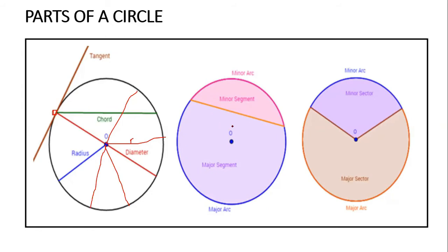The area bound by a chord and a major arc is called a major segment, and the one bound by a chord and a minor arc is a minor segment. An area bound by two radii and a minor arc is called a minor sector. Two radii and a major arc bound a major sector.